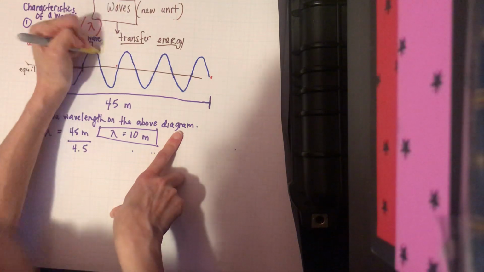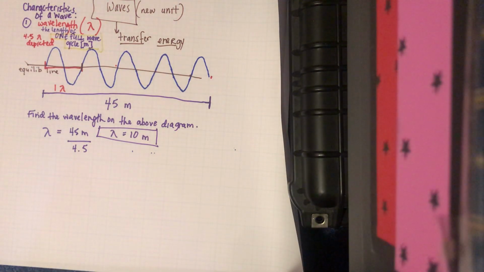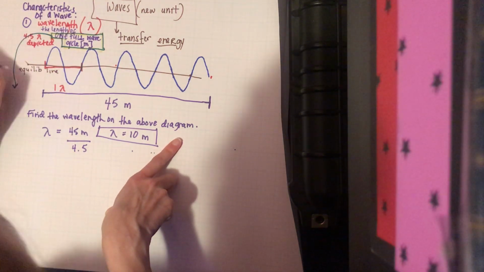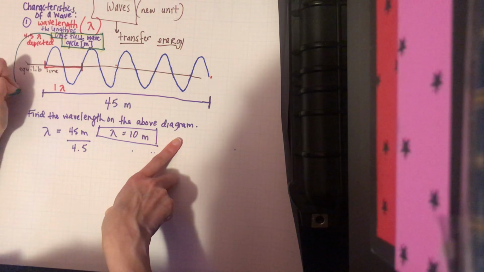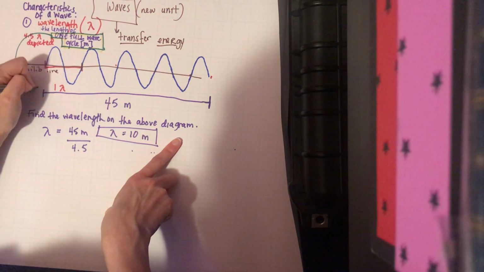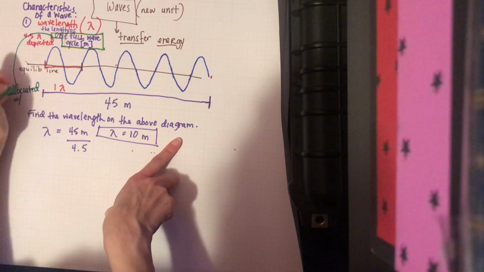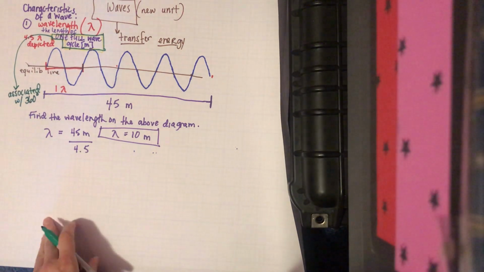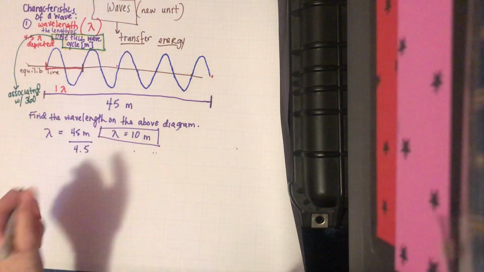One full wave cycle is associated with 360 degrees. I want to go through this diagram and show you what I mean.